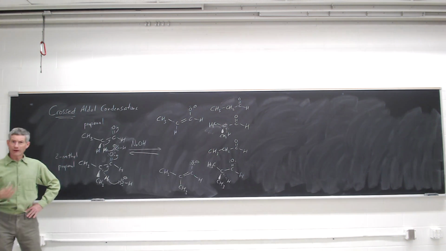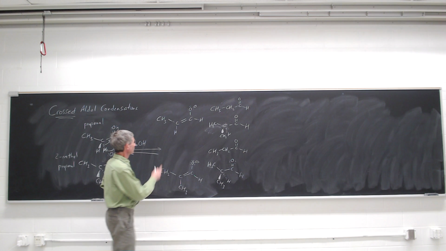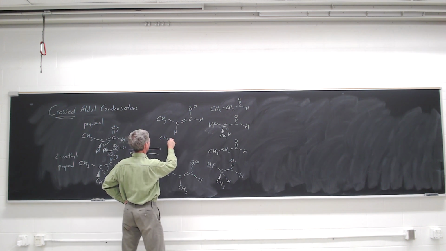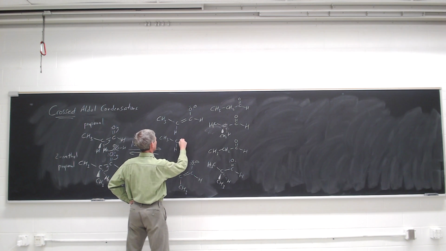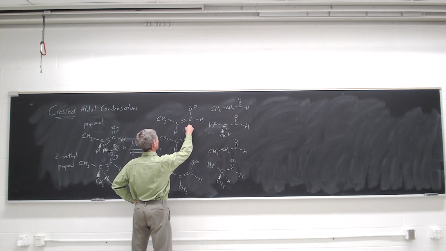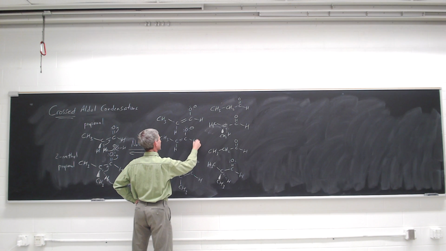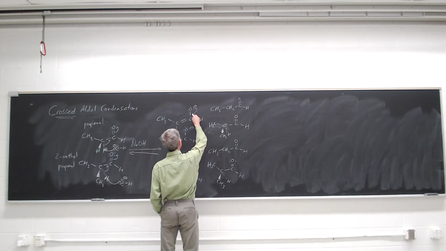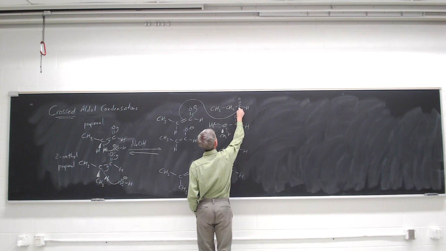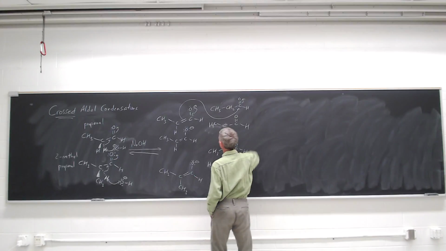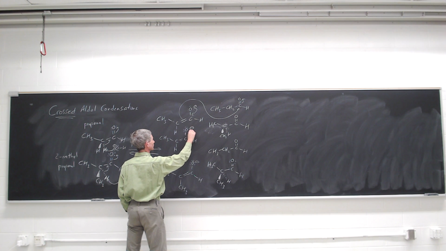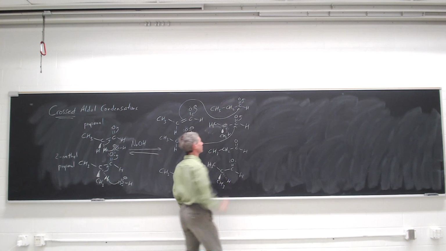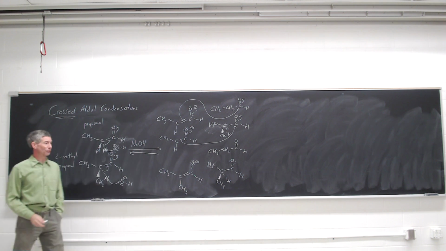So you'll see that there are actually 4 possible ways for the two enolates to react with the 2 carbonyl compounds. The enolate from propanal can react with another molecule of propanal, but the enolate from propanal could also react with the 2-methylpropanal.